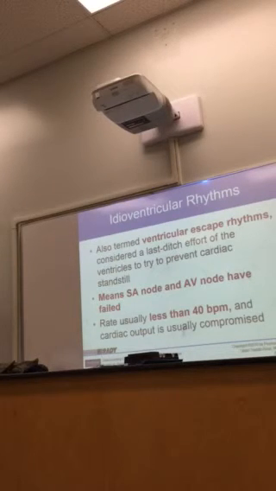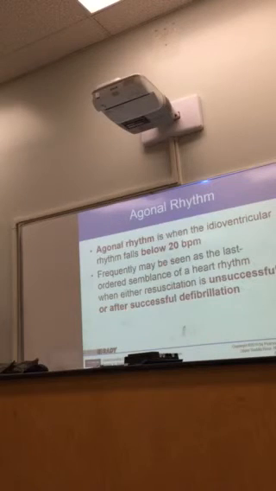Idioventricular rhythms, also termed ventricular escape rhythms, are considered a last-ditch effort of the ventricles to try and prevent cardiac standstill. It means the SA node and the AV node have failed. This is usually at a rate less than 40. It's an agonal rhythm when the idioventricular rhythm falls below 20 beats per minute.